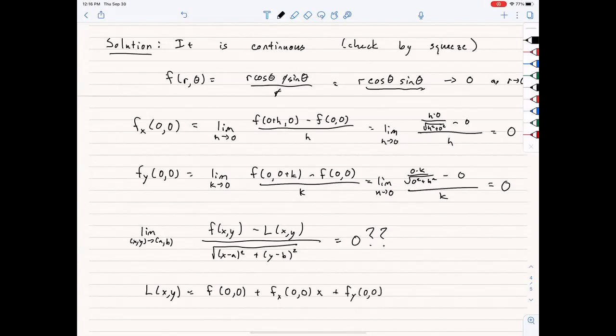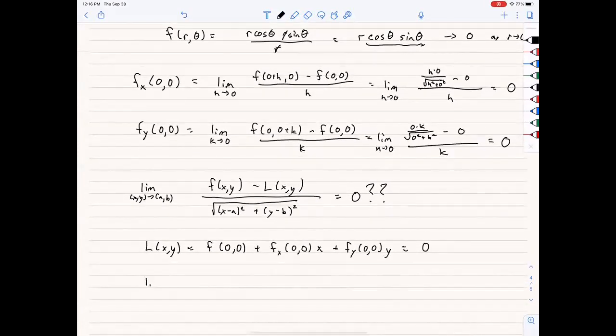But it's this guy. Now, in our case, f of the origin is 0. The first partial with respect to x or y is 0. So this whole thing, the linear approximation itself, is the constant 0, which means if we were to have a tangent plane, that tangent plane would just be the xy plane. It would be z equals 0.